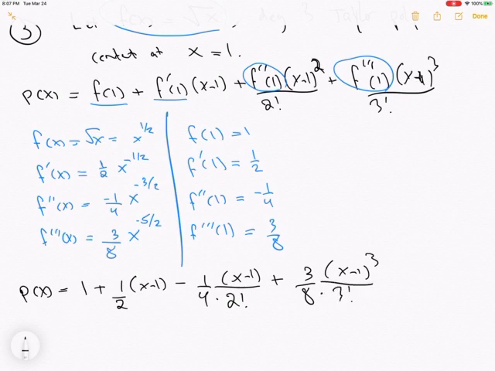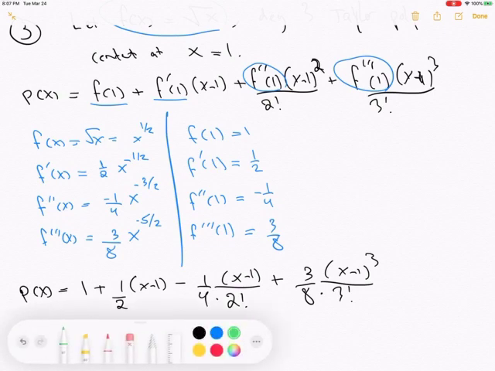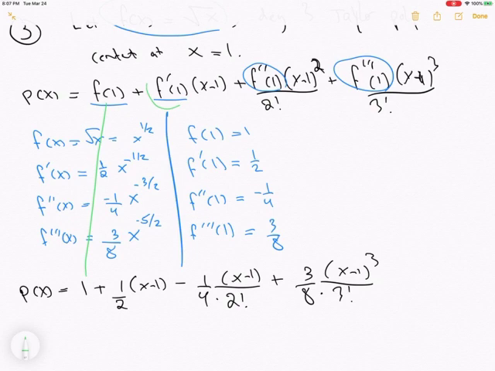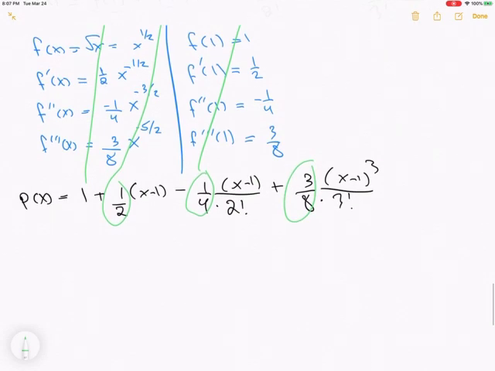So again, that's just using the formula. This is f of 1, that's f prime of 1, this thing here is that thing, and this thing here is that thing. So indeed, this is a polynomial.